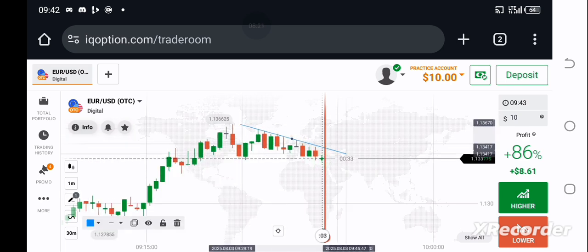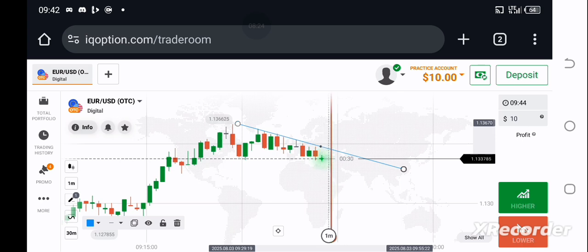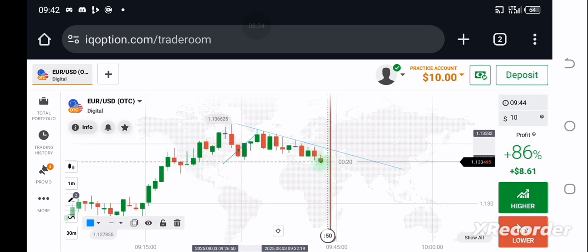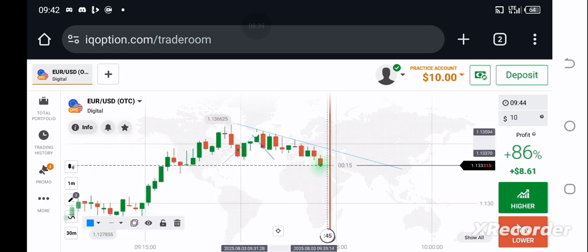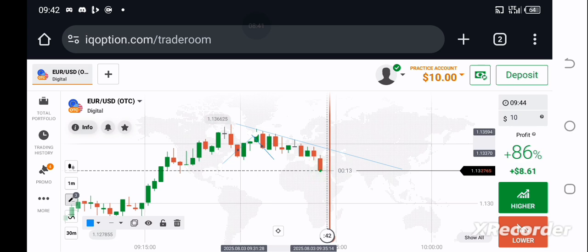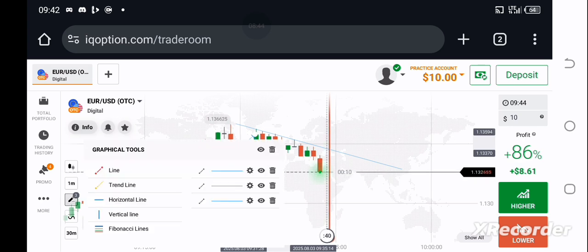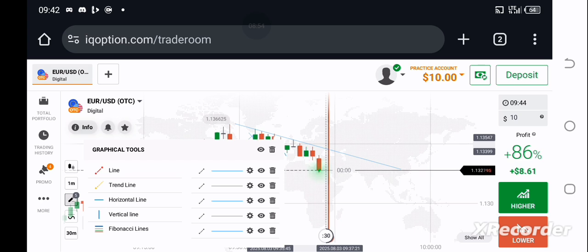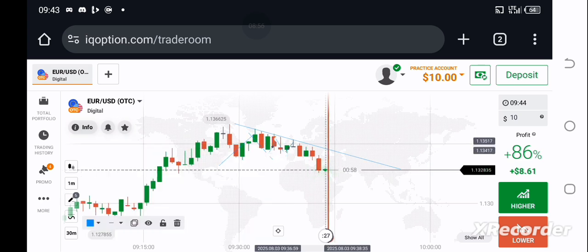If I draw the trend line like this, you can see that the market is going up like this, and then it goes down, and then it goes up again, and then it goes down, up.